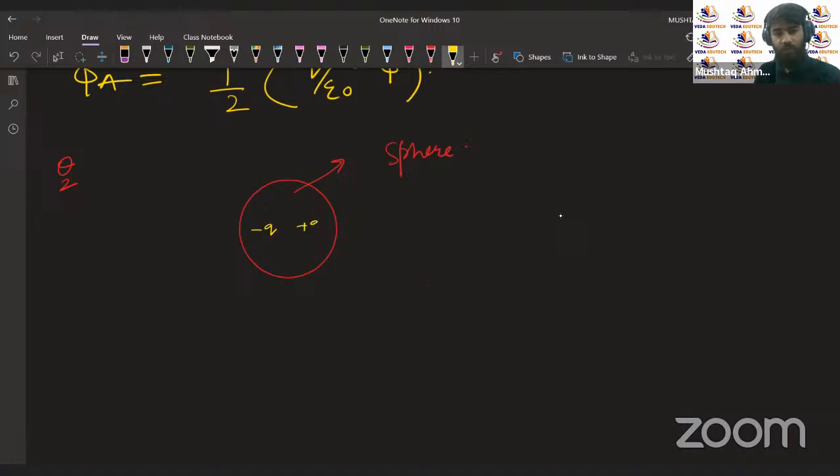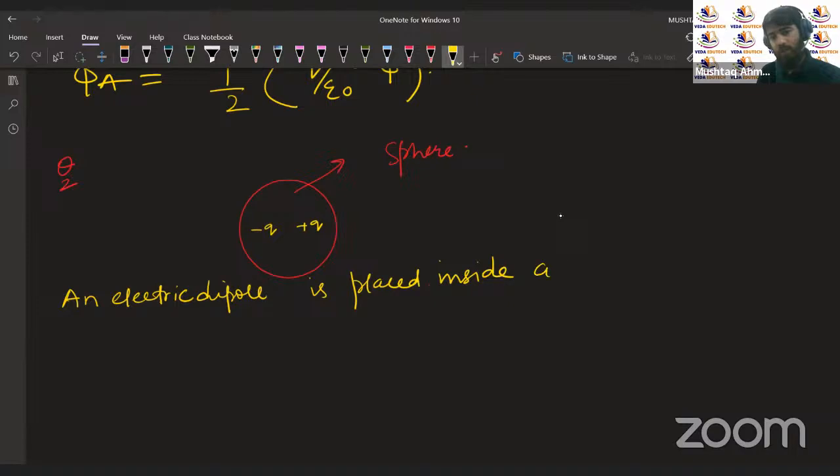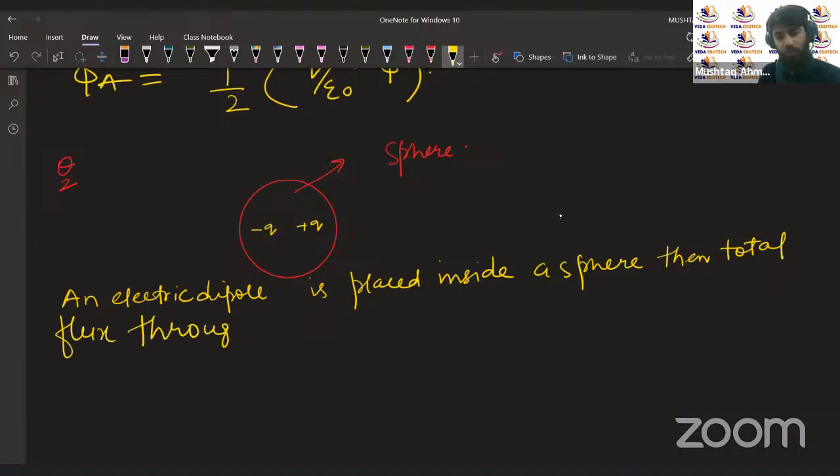So I can frame a question that an electric dipole is placed inside a sphere, right? If an electric dipole is placed inside a sphere, then the total flux through the sphere will be?